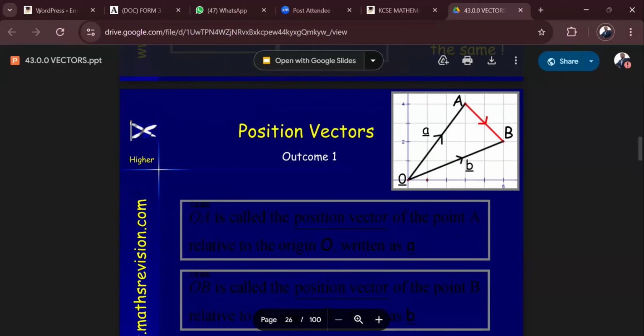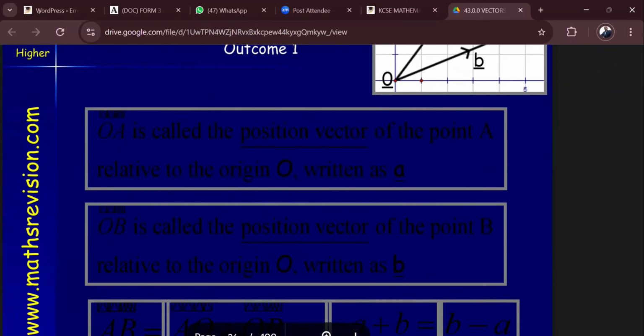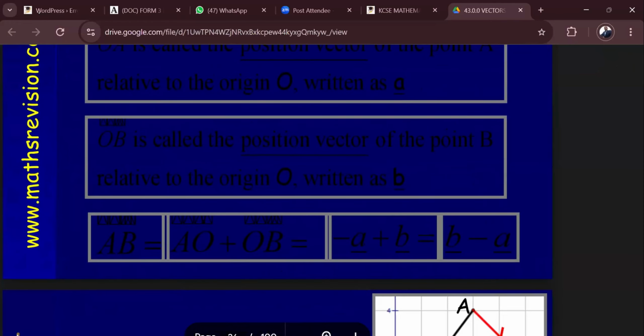In this case, OA is called the position vector of the point A relative to the origin, written as a. OB is called the position vector of the point B relative to the origin, written as b.